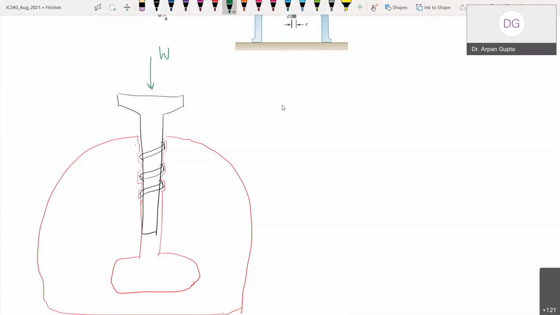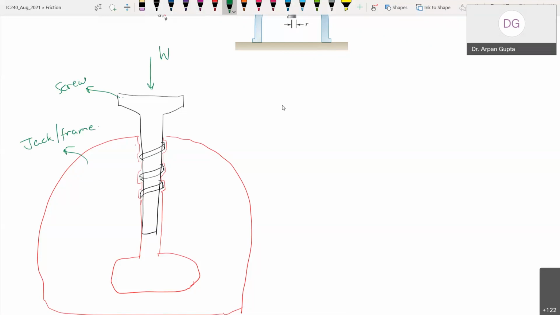So we have got a heavy load W, which is acting on the screw. So this is the screw, and this we can say is the frame or jack.